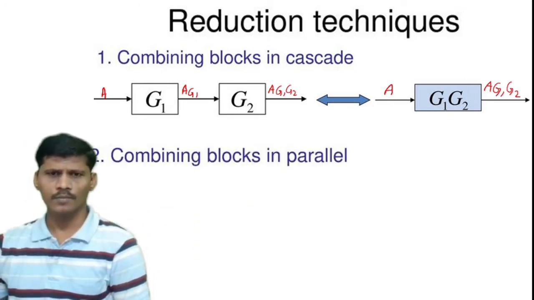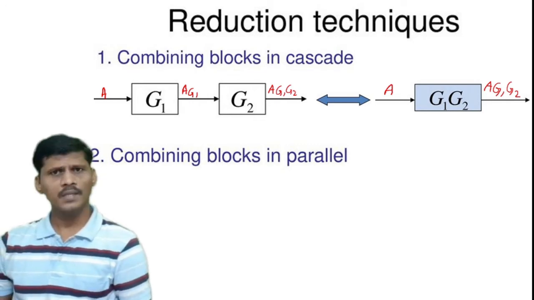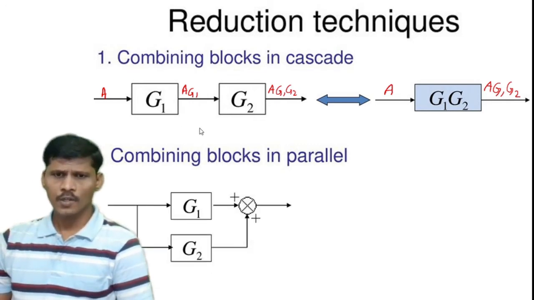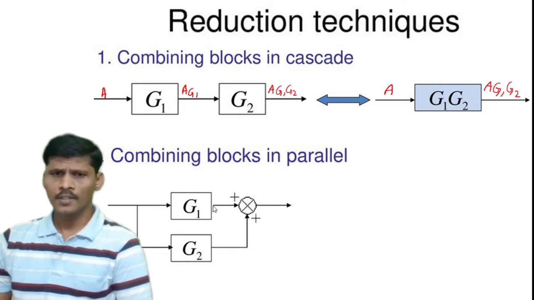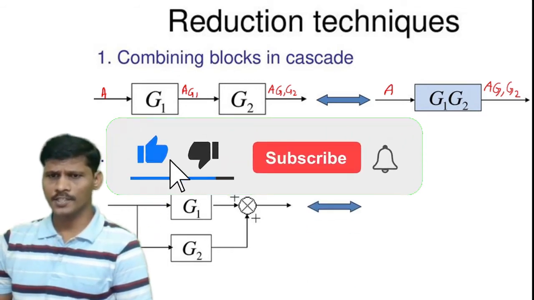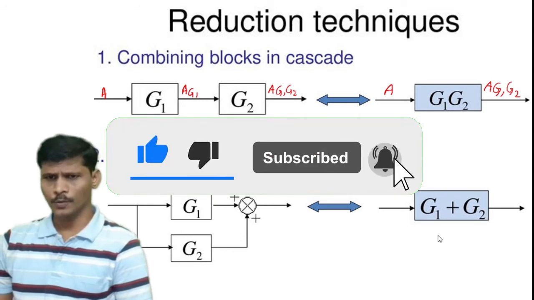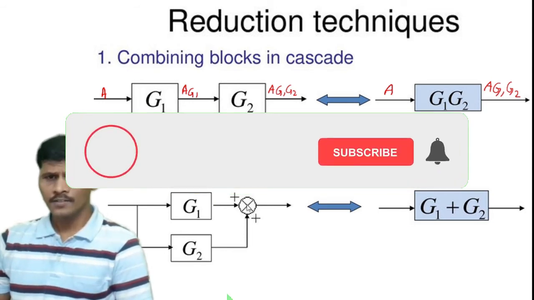And the second rule is combining the blocks in parallel. Here there are two blocks, G1 and G2. These two blocks are parallel to each other, and this is a summing point. These two blocks are combined into the equivalent representation G1 plus G2, with the summing point.